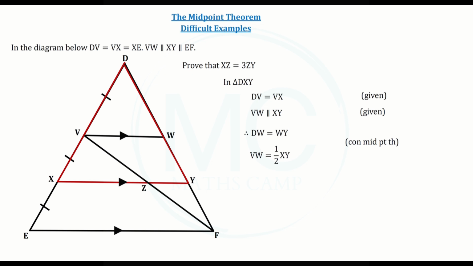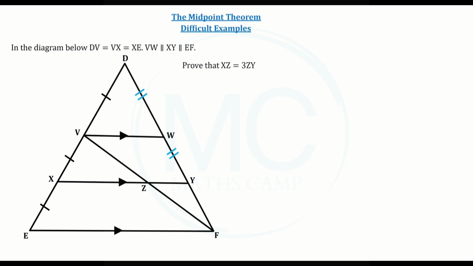So on our diagram, let's put 2 small lines on DW and 2 small lines on WY to show that they are equal. Now we can make our diagram black again, and let's make some space. Let's make a note that VW is equal to half of XY.